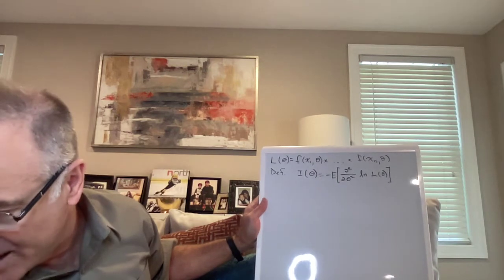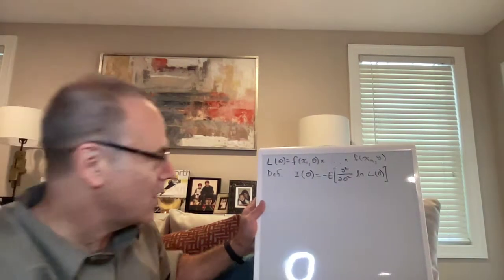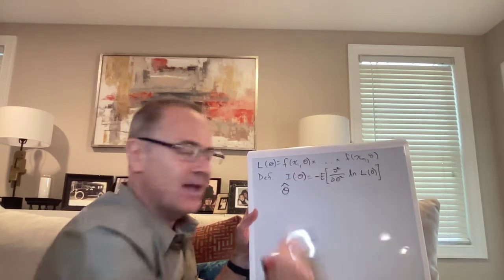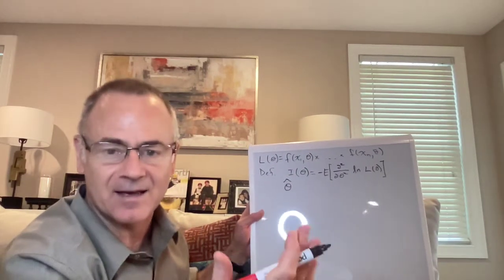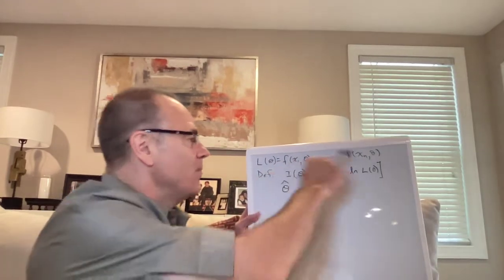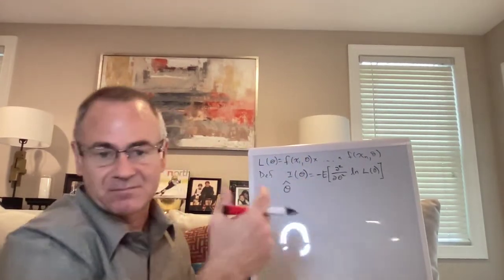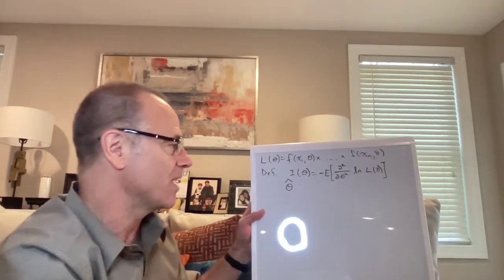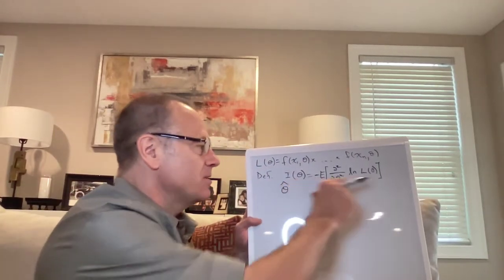Now the key special property. Remember, we talked about theta hat. Theta hat is the value of theta that maximizes L of theta, so therefore, it's also the value that maximizes the log of L of theta. By the way, don't forget that information matrix.